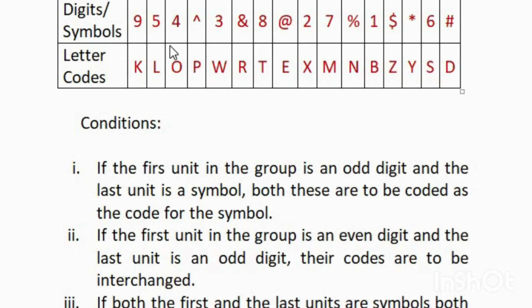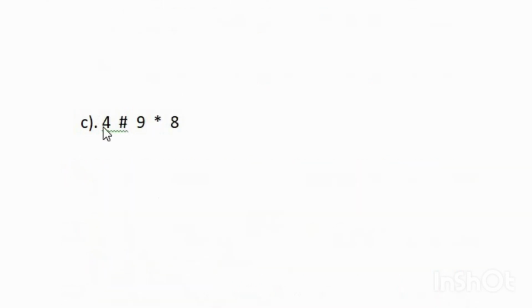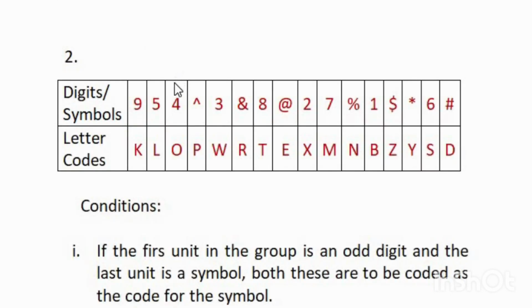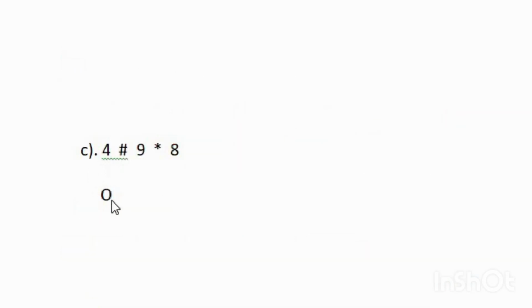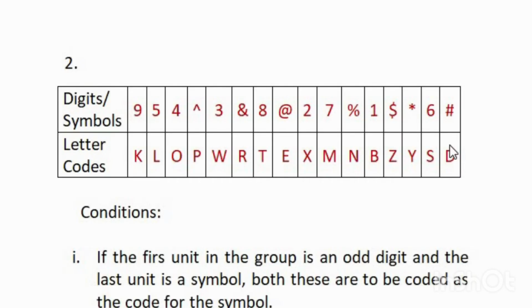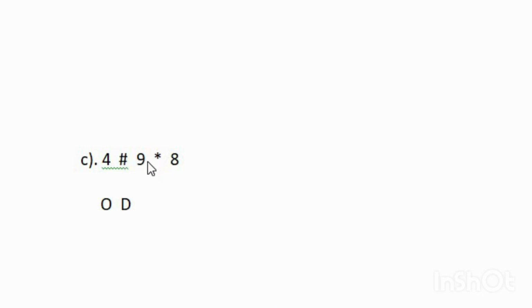So use the letter codes as per the given table. The first unit is a number 4. From the table, the letter code corresponding to 4 is O. So 4 can be coded as O. The next unit is a symbol hash. The letter code corresponding to hash is D. The next unit is a number 9.